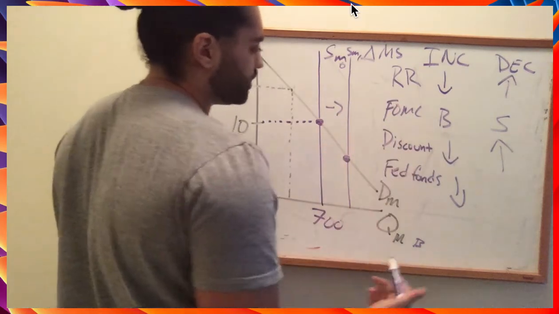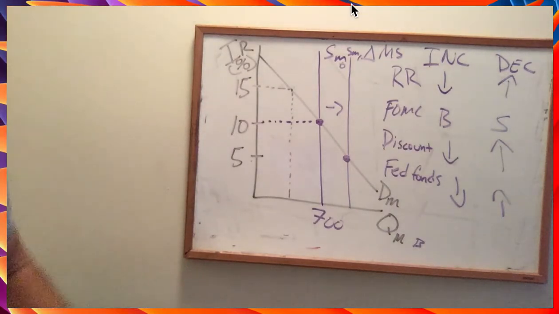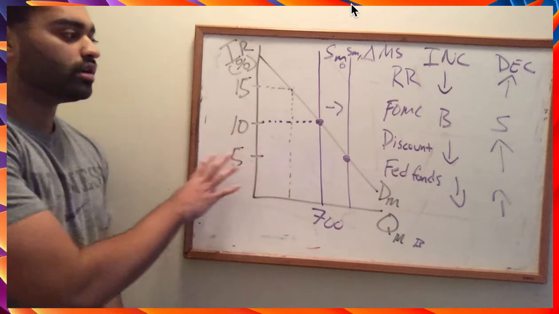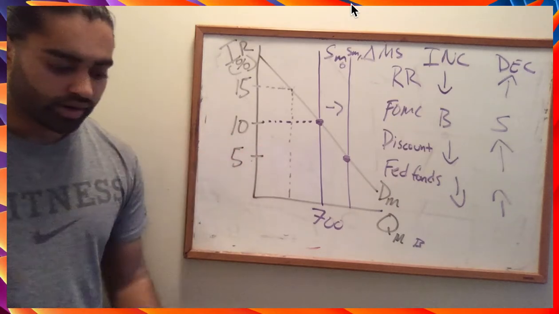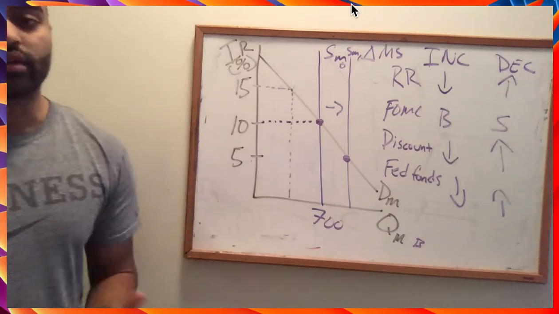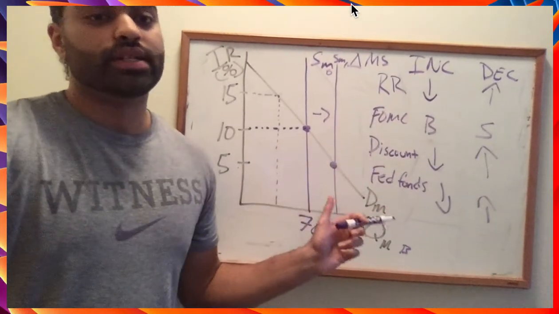It's going to shift your curve to the right. Now, this is the opposite. If I want to decrease it, I would increase the Fed funds rate to discourage borrowing. So again, these are all important to know for your exam as well as your final. What we looked at right here is all monetary policy.